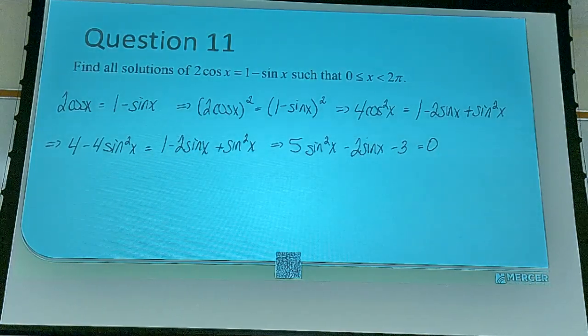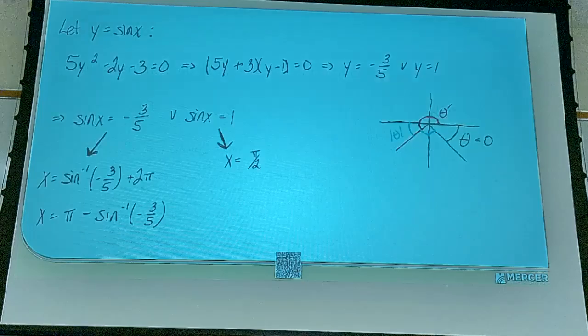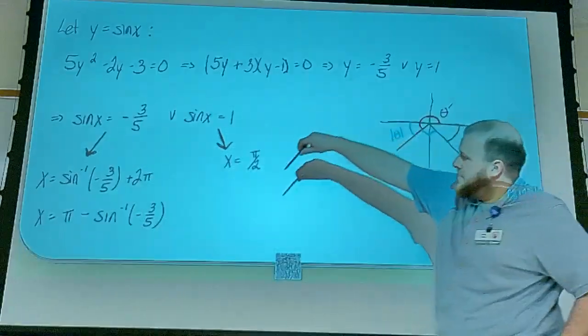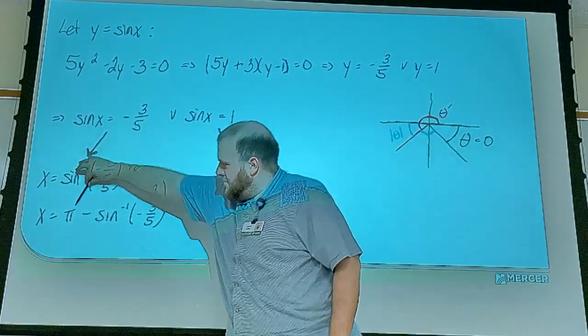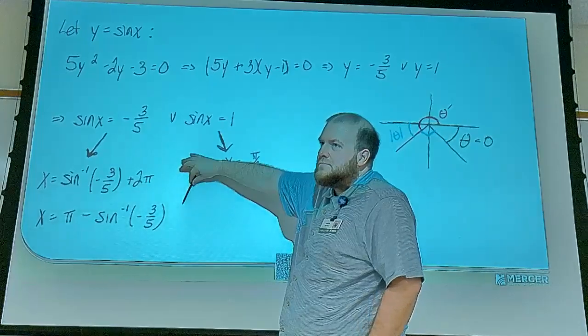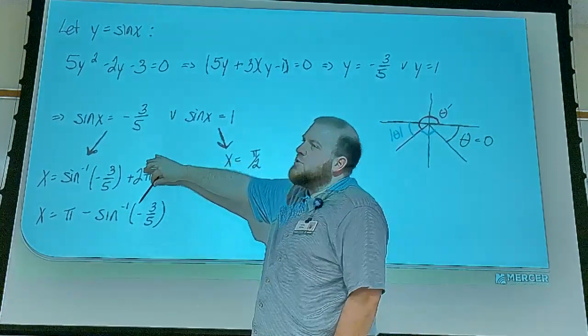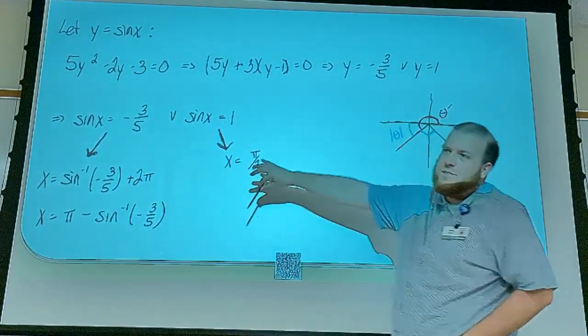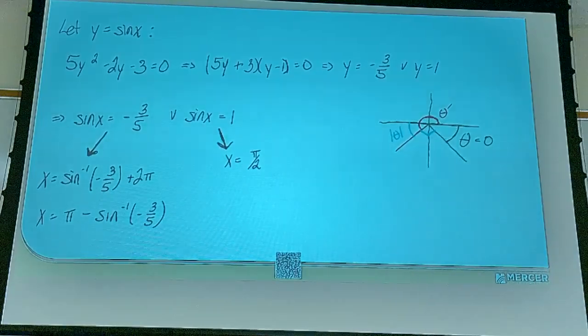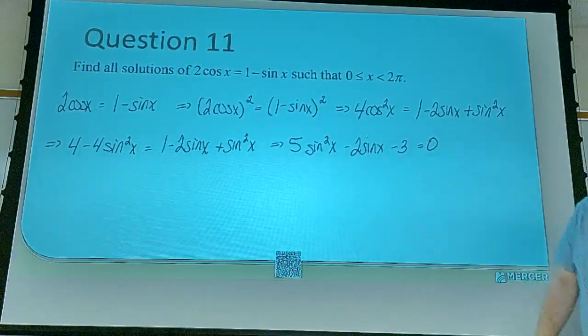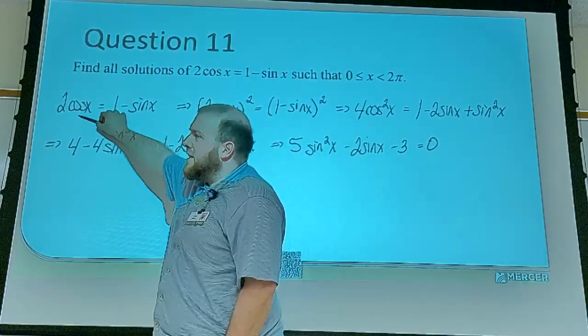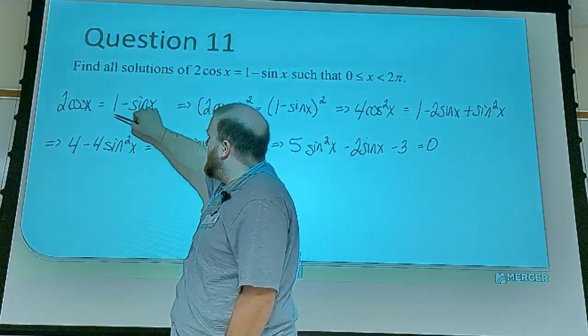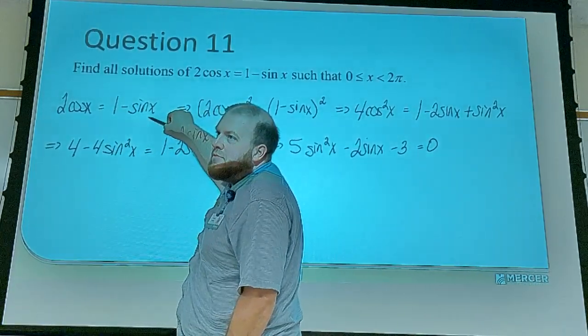If we look at this angle, this is our quadrant 3 angle. Both sine and cosine are negative, right? Which means this will be negative. 1 minus a negative is positive.